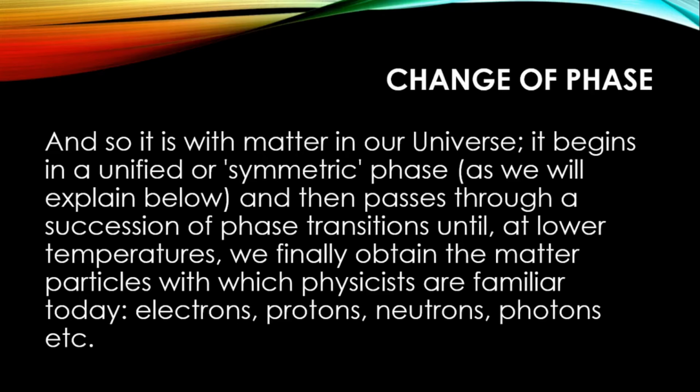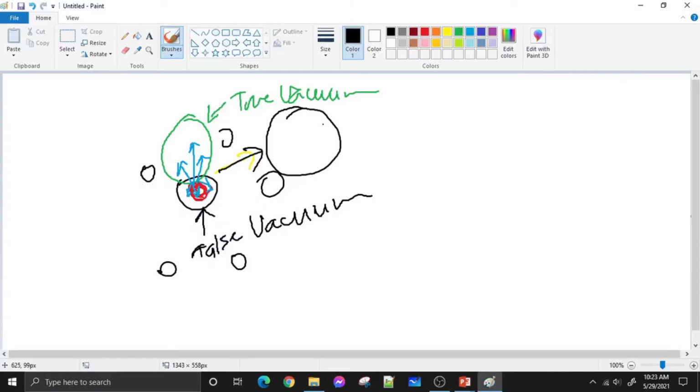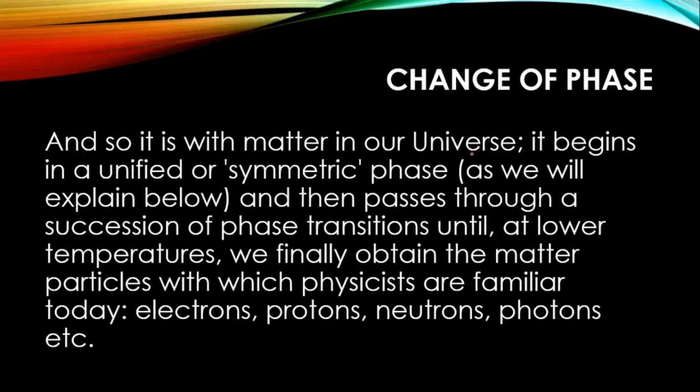So the universe, or the singularity in the Big Bang theory, is the solid state of that phase according to the change of phase. Let's go back to the singularity. This singularity in the Big Bang theory is the solid state of the change of phase theory.